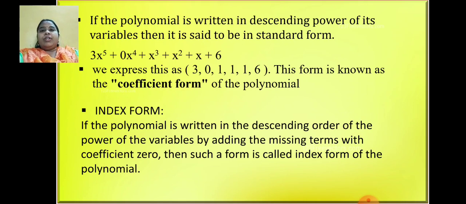I hope you have understood the basic difference between standard form and index form. In standard form, even if you don't write this 0 coefficient, 0 term, it is okay. The only thing is it should be in descending power of the variable. But when you want to write in index form, it is necessary that the missing terms are written with 0 coefficient like this.